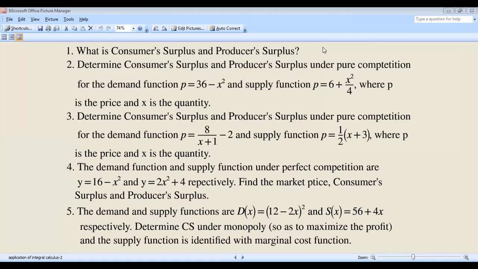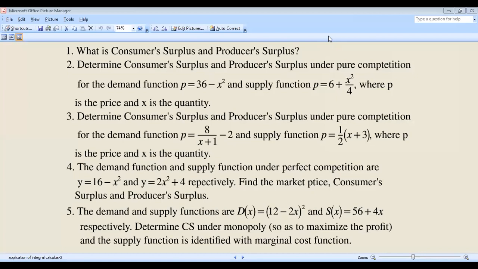So in this part, we'll first try to understand what consumer surplus and producer surplus are. Then we'll try to solve these four problems for finding consumer surplus and producer surplus. Actually, you must know consumer surplus is related to the demand function and producer surplus is related to the supply function.